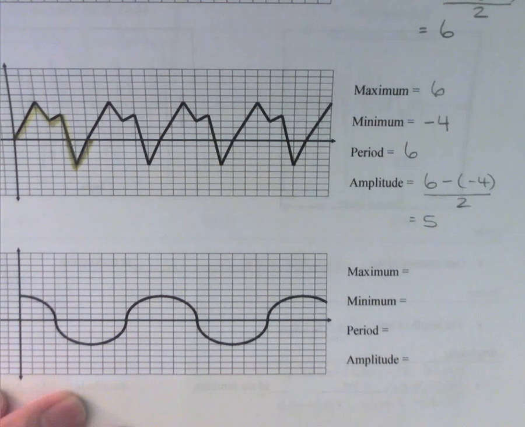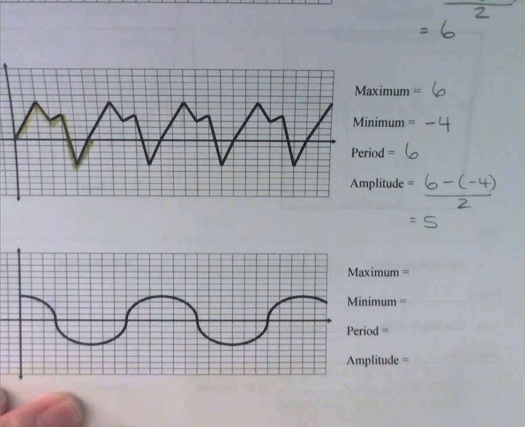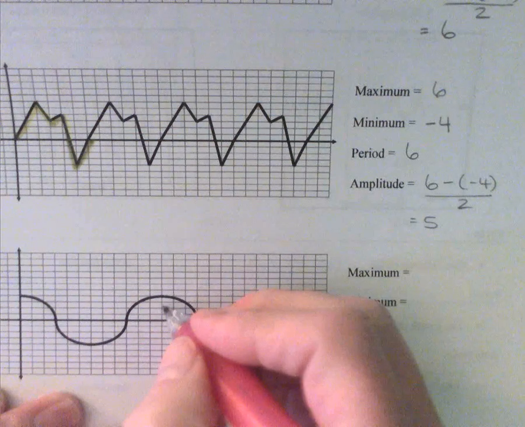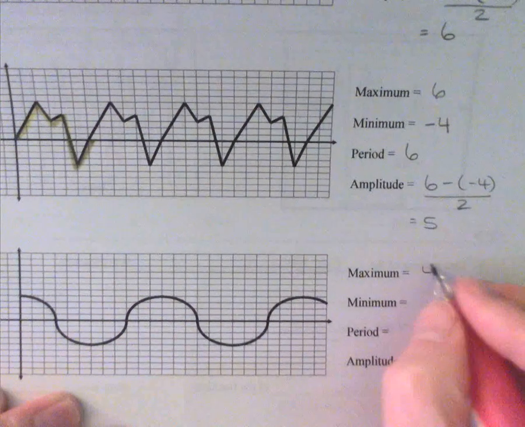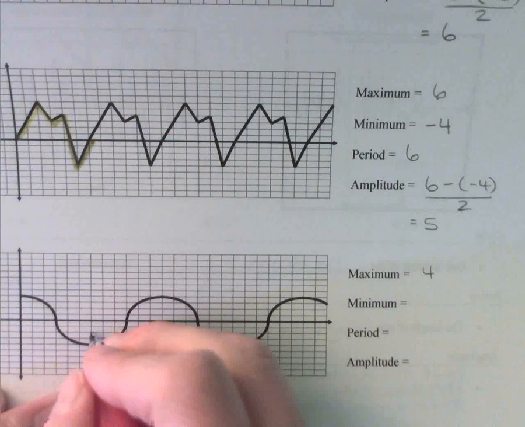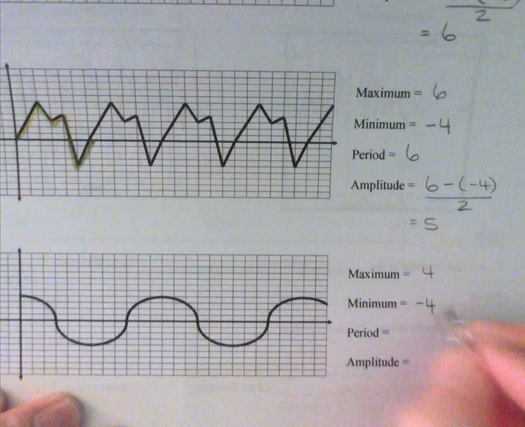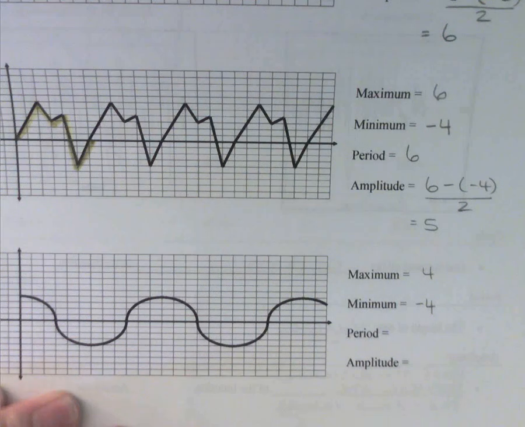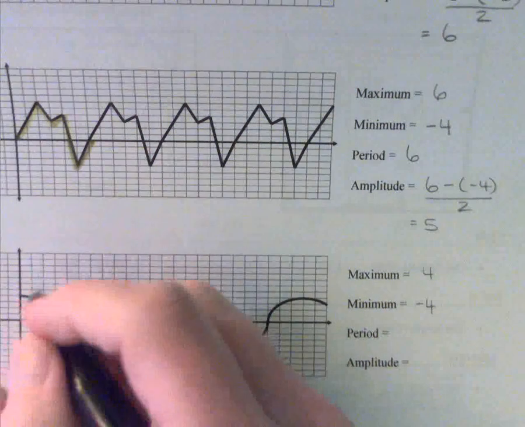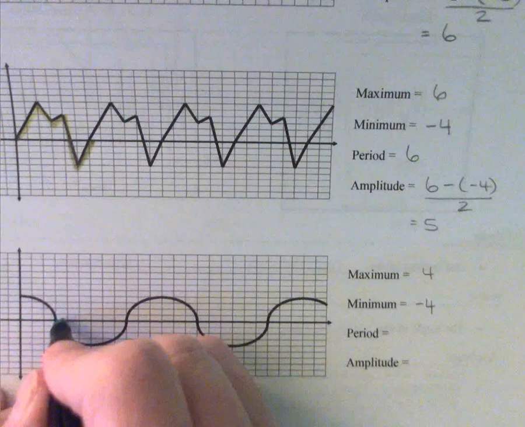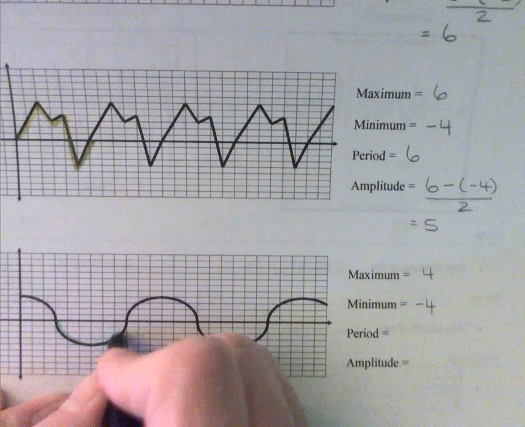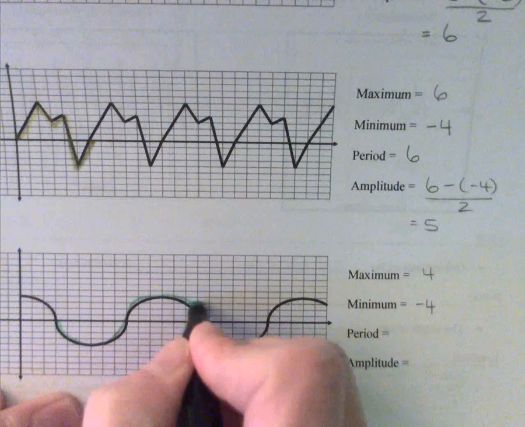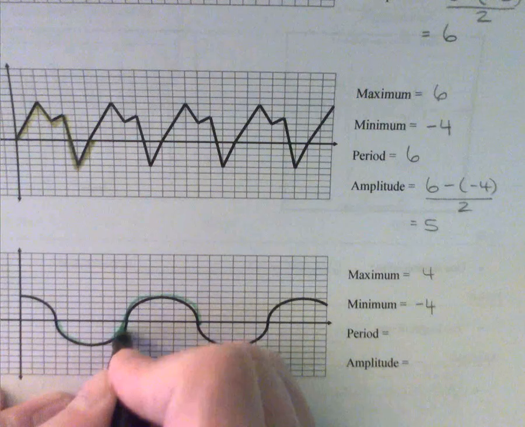Last one on this page. If I look, the maximum, 1, 2, 3, 4. The minimum, 1, 2, 3, 4. I'm going to start here. Now let's start here, a little easier for me to see. And back down.